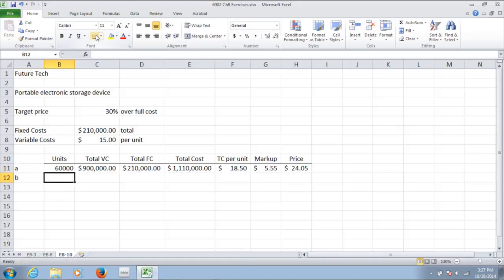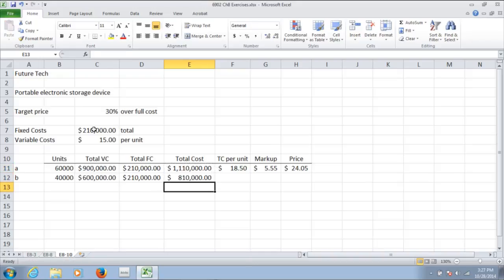So then part B, we do the same sort of question, except now we're going to be dealing with 40,000 units. Since it's one line, we could just multiply the $15 per unit by the 40,000. So we get 600,000. Our fixed cost is 210,000 as before.